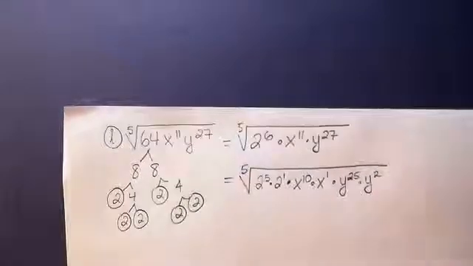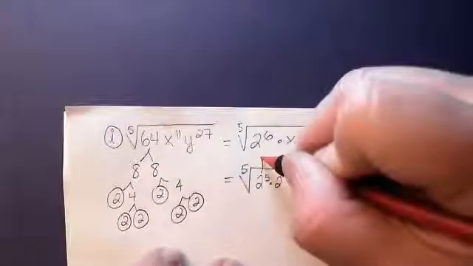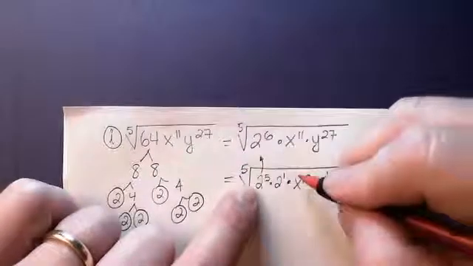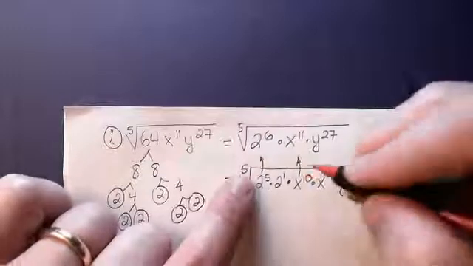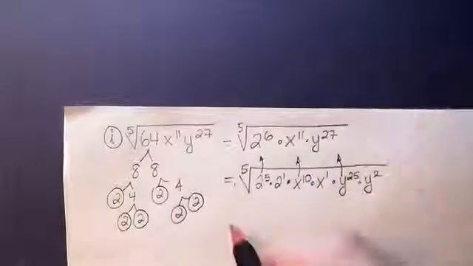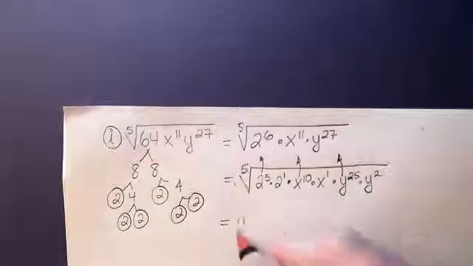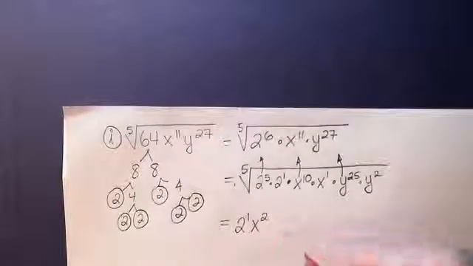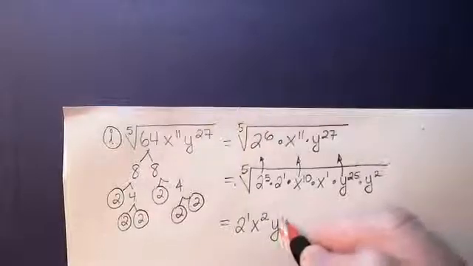Alright. Now, can the 2 come out? You bet. Because you can divide 5 by the 5 over here. The x to the 10th can come out because you can divide 10 by 5. And so can the y to the 25th. So when they come out, the 2 is going to be 2 to the 1st. X will be x to the 2nd. And the y will be y to the 5th.